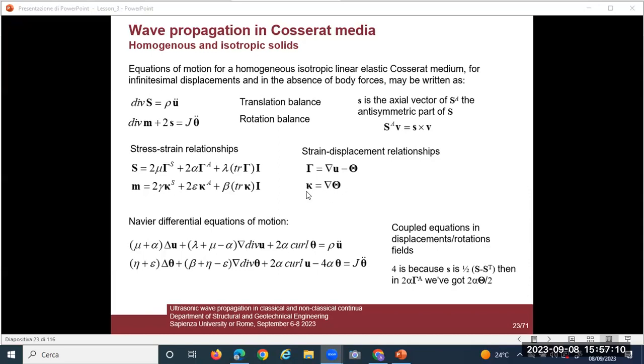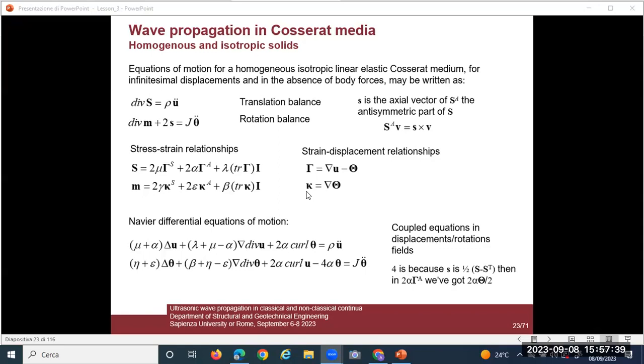And then you've got this other object, which is a sort of curvature, which is the gradient of the rotation matrix. So it is something similar, not really the same, because here rotations can be whatever. This is a completely free gradient.